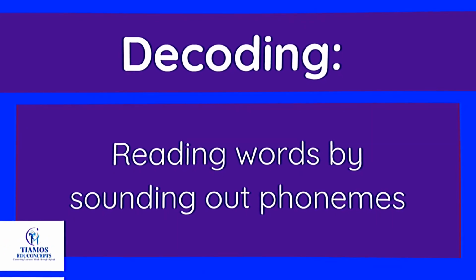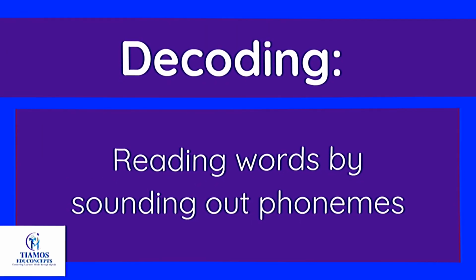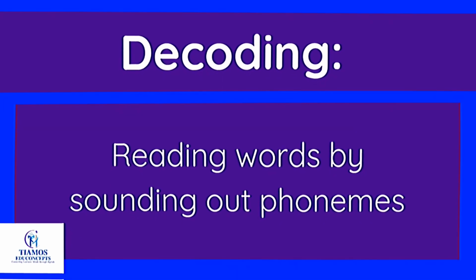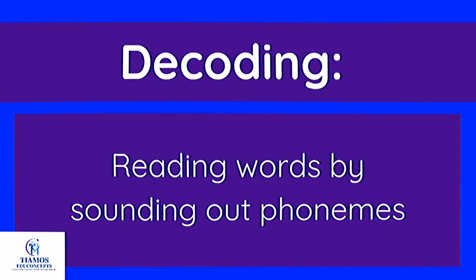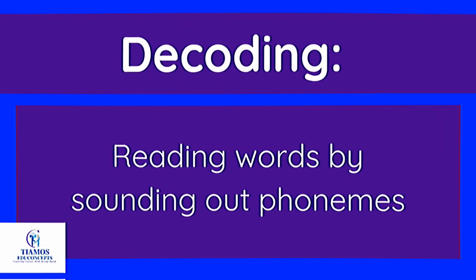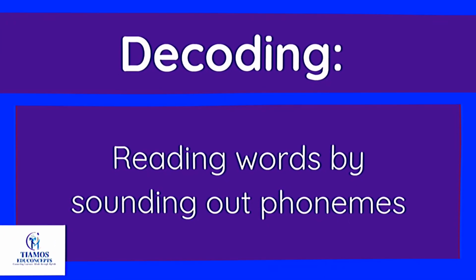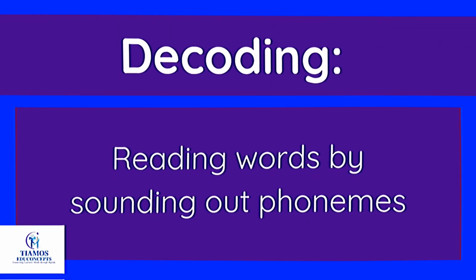Here is another term we use in phonics. This term is called decoding. Decoding simply means reading words by sounding out phonemes. For example, the other time I spelled cat.